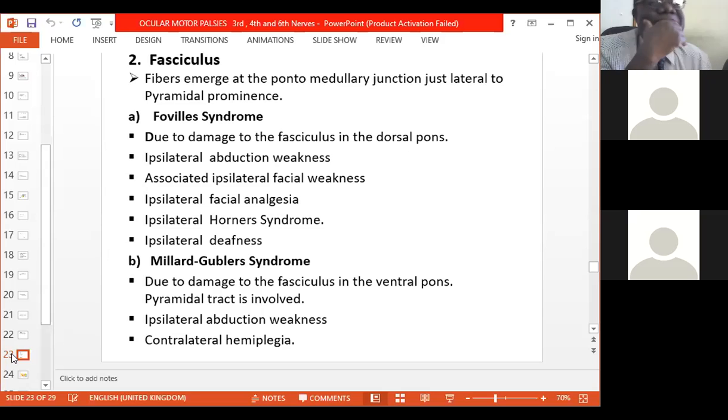Ipsilateral, on the same side. Millard-Gubler syndrome is due to damage to the fasciculus in the ventral pons, pyramidal tract involved: ipsilateral abduction and contralateral hemiplegia because of the crossing over.